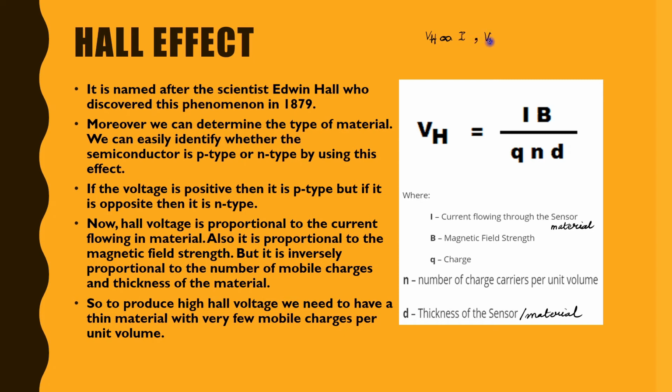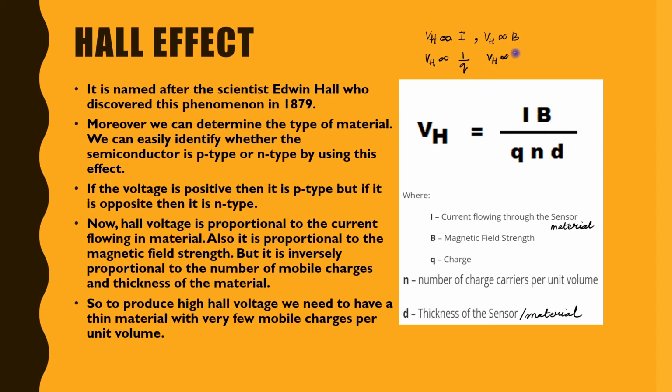Similarly, VH is also proportional to our magnetic field strength, that is B. But we can see that VH is inversely proportional to the number of mobile charges, that is Q, and the thickness of the material also, that is D.